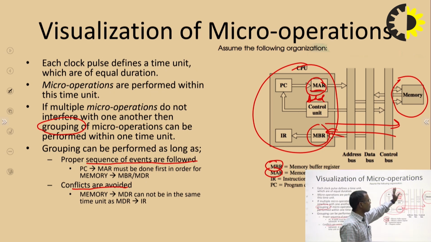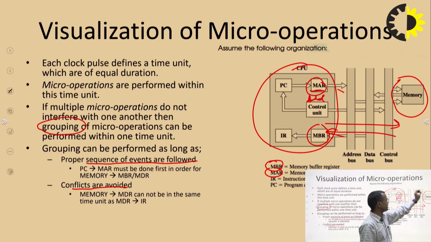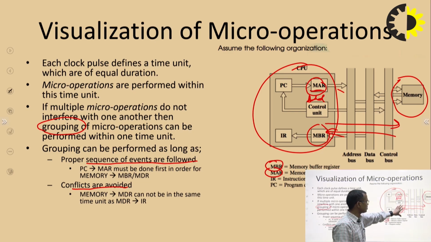Whatever we want to refer to in the memory is sent through the memory address register. The memory address register sends the location where the data is. When the location reaches the memory, the memory fetches that data and brings it to the MBR. Then it can go anywhere.